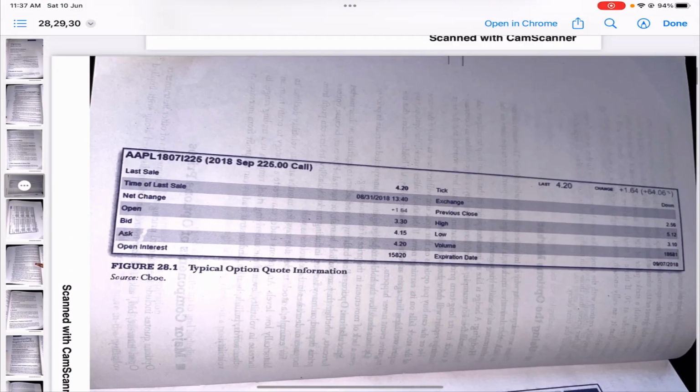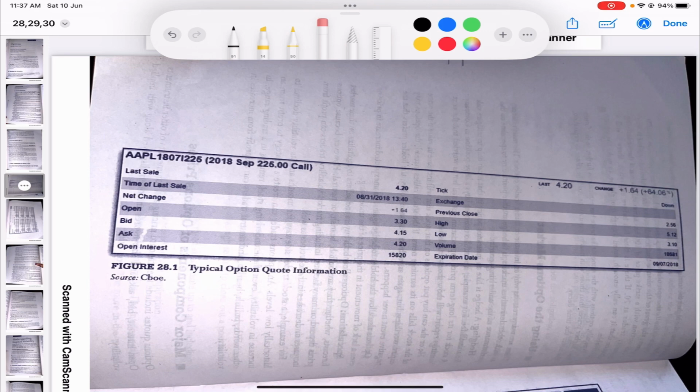Okay, look at this. This is the Apple chart. This is my option chain of Apple. Last sale is LTP, time of last sale, net change. You know what the change is. Open, at what price the strike price opened. Bid, you know what bid is. You know what ask is. Ask and bid, you know this. We have been discussing this.